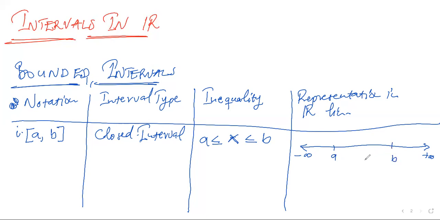Since it is a closed interval, we are going to show it by square brackets, passing exactly there, and then join with a straight line. That is the representation in the real number line.